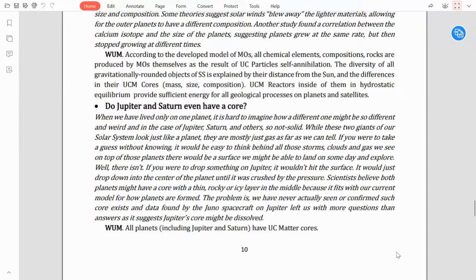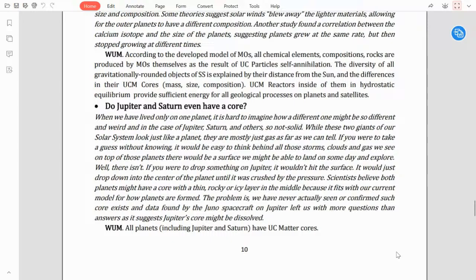Do Jupiter and Saturn even have a core? When we have lived only on one planet, it is hard to imagine how a different one might be so different and weird, and in the case of Jupiter, Saturn, and others, so not solid.